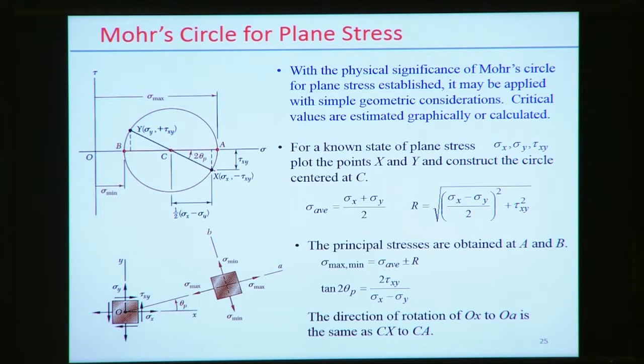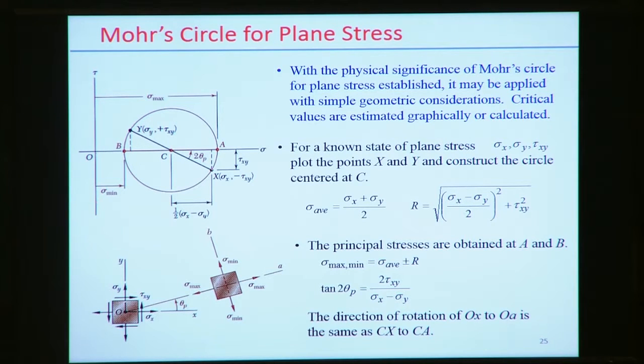Now that point x represents the coordinate of point x. This coordinate is sigma x, the normal stress value, and minus tau xy, a negative value of the shear stress, because the positive y-axis is on this side, representing positive shear stress, and the opposite side is negative shear stress.